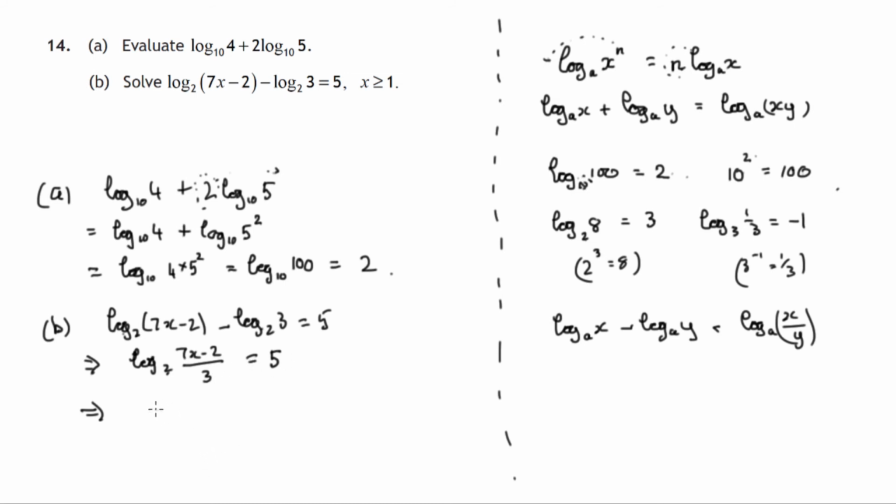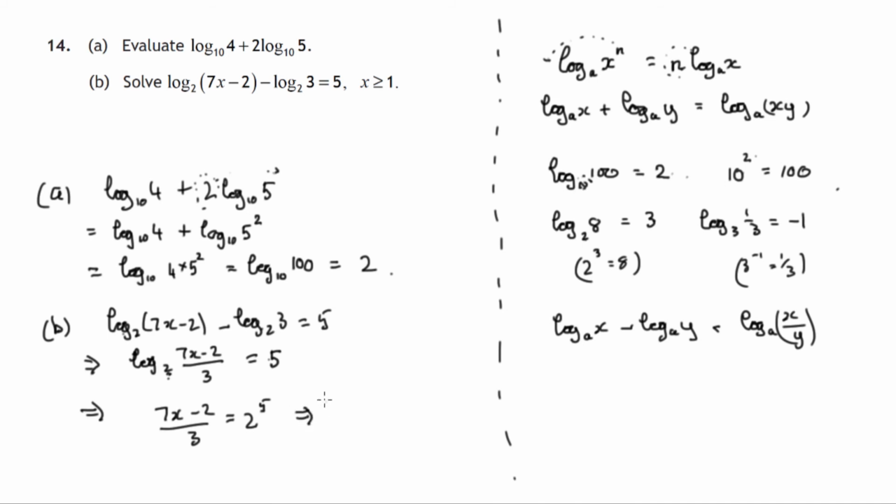So to get 7x minus 2 over 3, we have to raise 2 to the power 5. 2 to the power 5 is 7x minus 2 over 3. You may have other ways that you've learnt to deal with this. That's how I remember it.